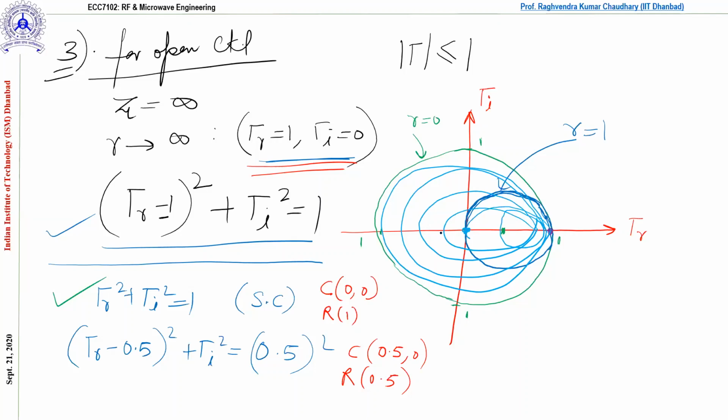Okay, and we can draw it. So simultaneously, when we have the second circle equation from the normalized reactance, we'll be plotting all those things in the same reflection coefficient plane, and then we analyze both the R and X circles.